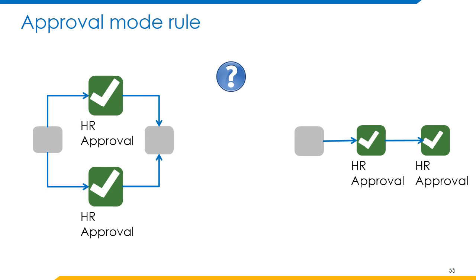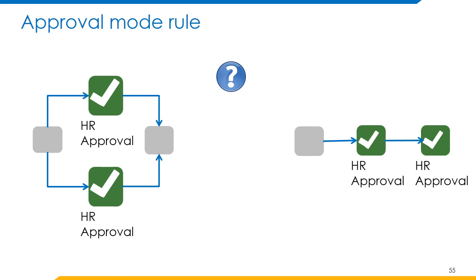In the any approval mode, the approvals are sent to all the approvers, and whoever is the first approver who takes the decision is going to be the final approver. The approval mode rule lets us define the approval mode to be followed.